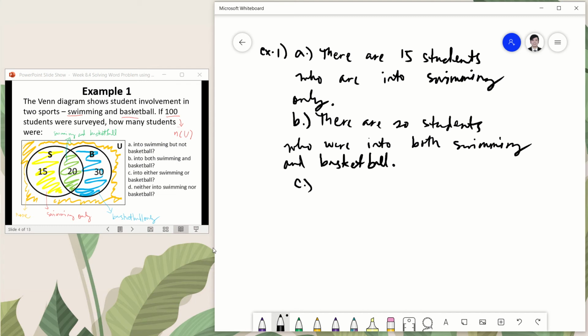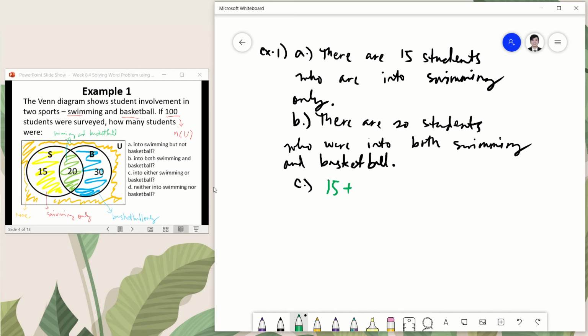Whatever their option is, as long as they have a sport between swimming or basketball, they will be counted in C. All we have to do is add all the ones inside the yellow, the green, and the blue region for basketball. So that would be 15.